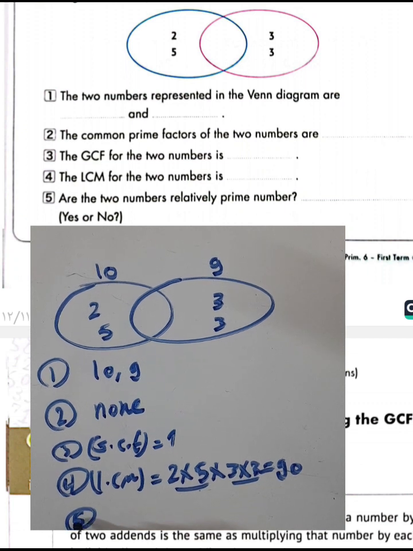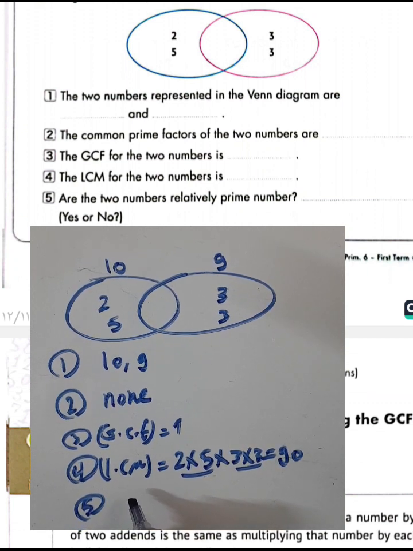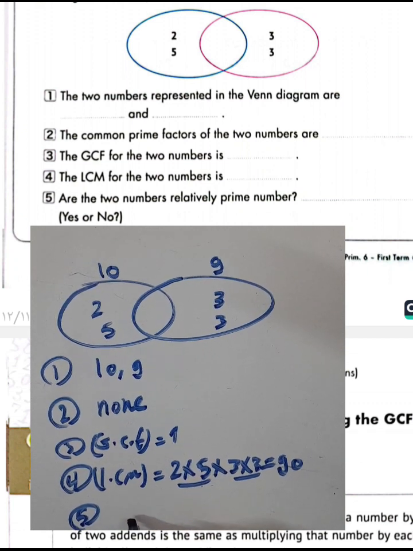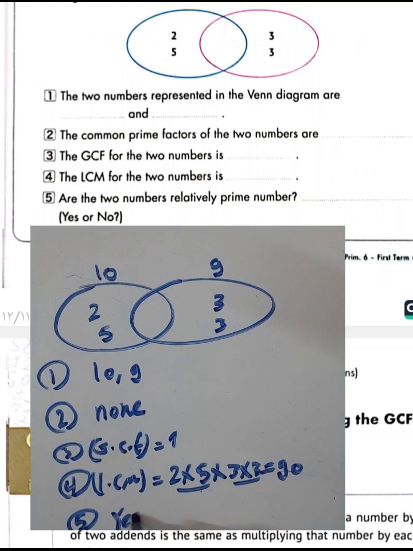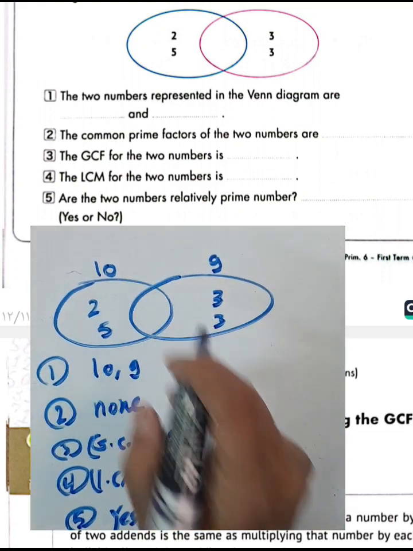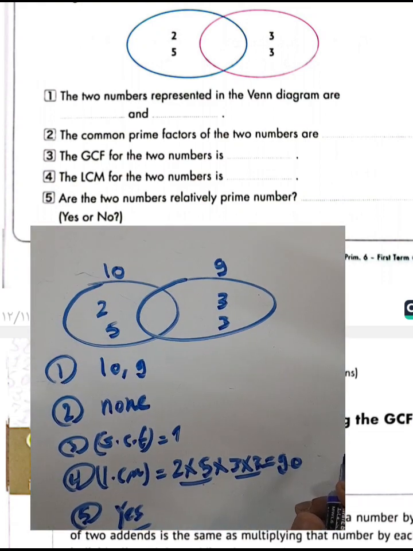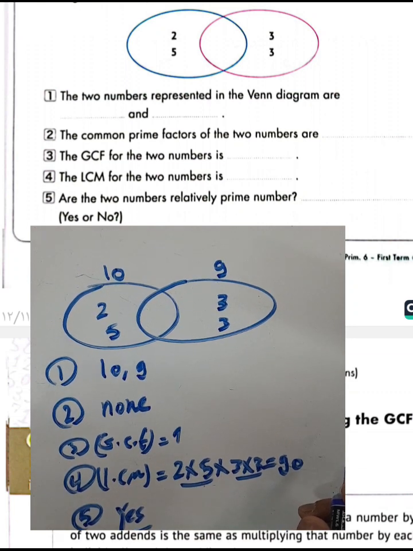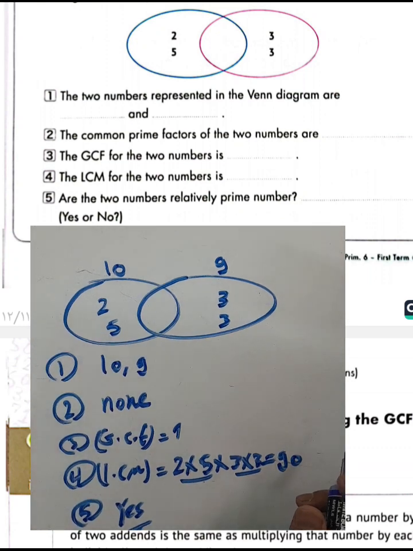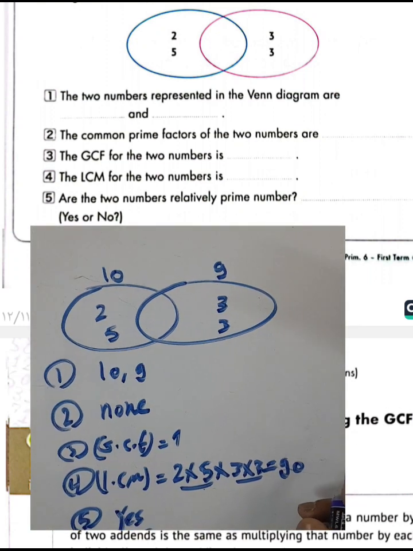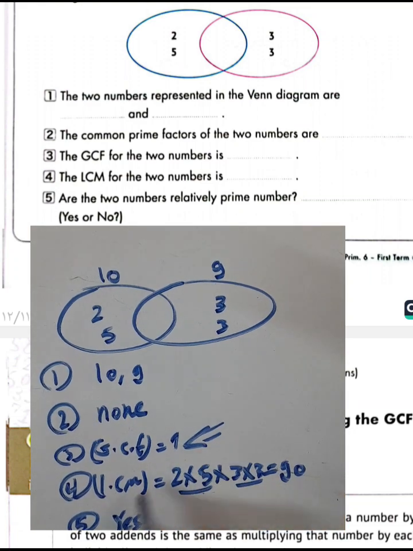Number 5, are the two numbers relatively prime numbers? Yes, we have here this part 1. The two numbers are relatively prime because the highest common factor between them equals 1.